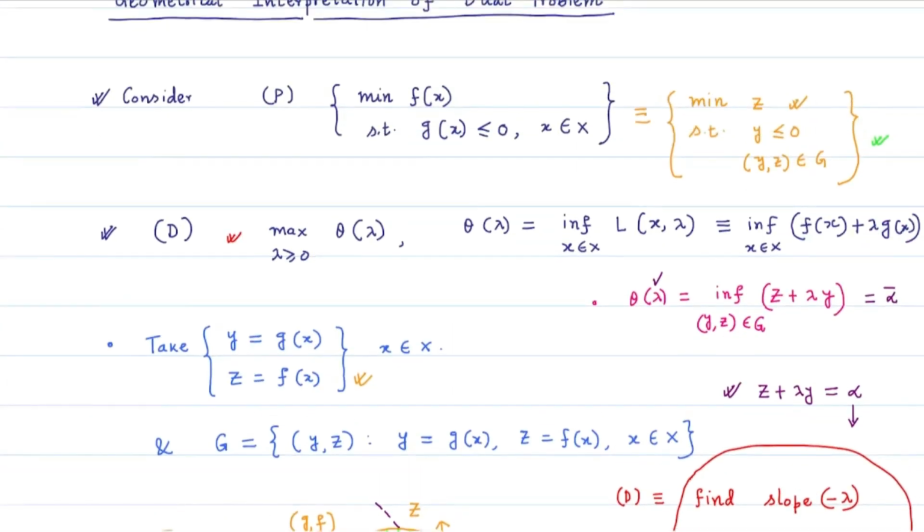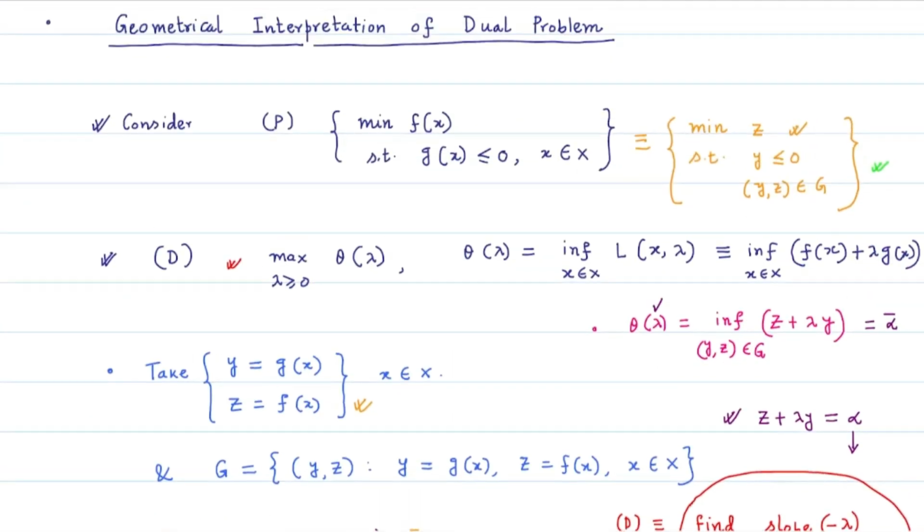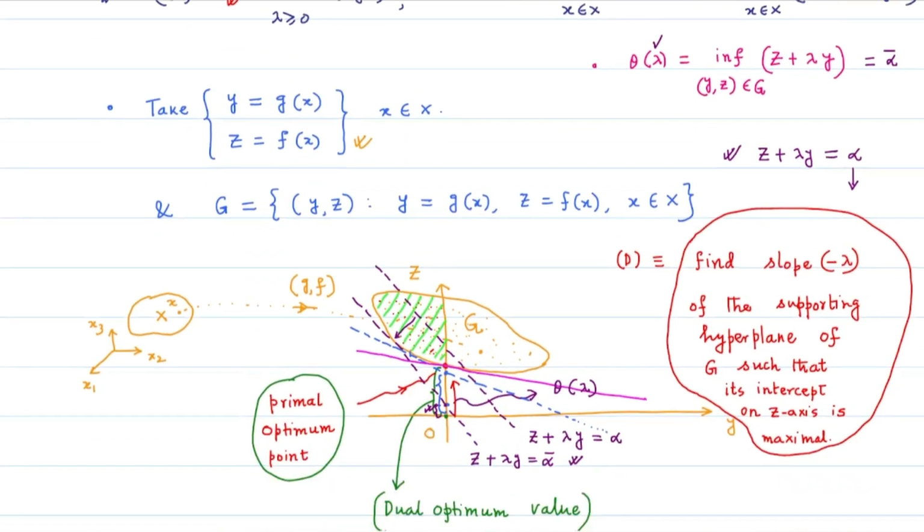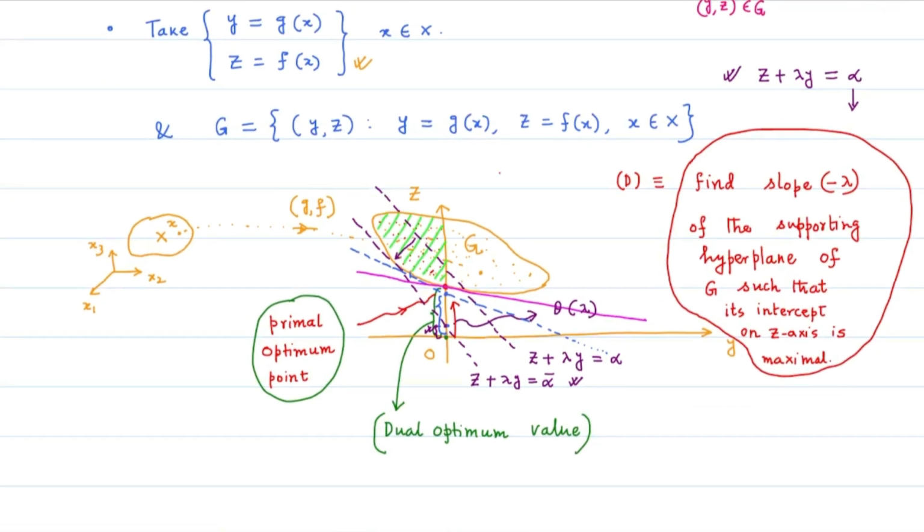So for a non-convex optimization problem, that means when the primal problem is a problem where the objective function and constraints are not convex functions, then it is expected that there is a duality gap. But in the case when the objective function is convex, the inequality constraints are given by convex functions, the equality constraints are affine functions, then certainly the feasible region for the problem is a convex set, and thereby we will be getting the set capital G, a convex set.